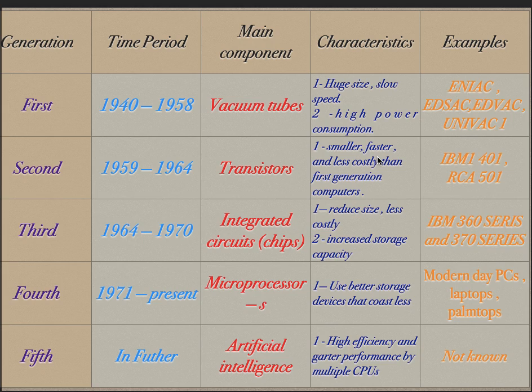Those earlier languages, COBOL and FORTRAN, were used for these transistor computers.